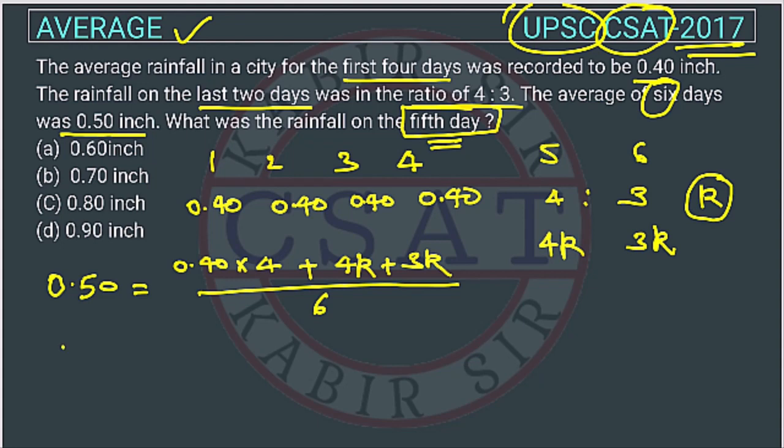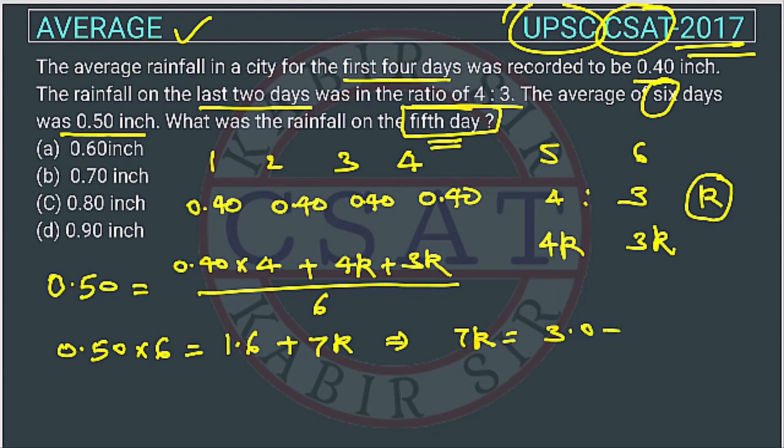So 6 will come to this side, so it will become 0.5 into 6 is equal to, we have to multiply this, so this will become 1.6, right, plus 7k, right? So this will become 7k is equal to 3.0 minus 1.6.